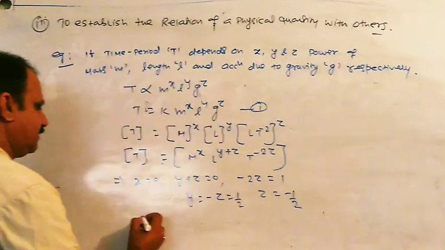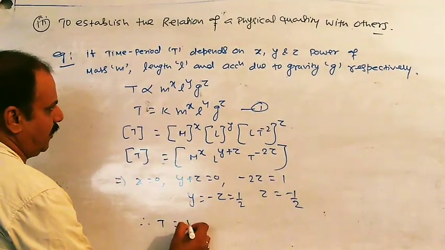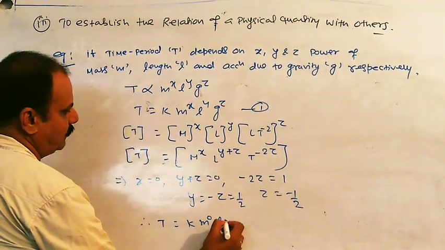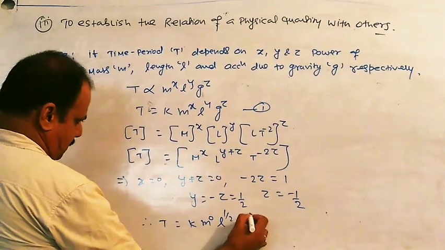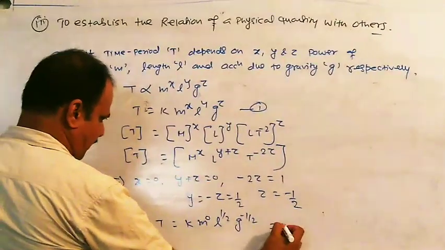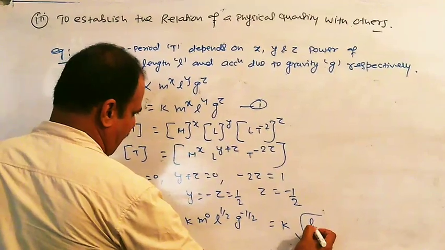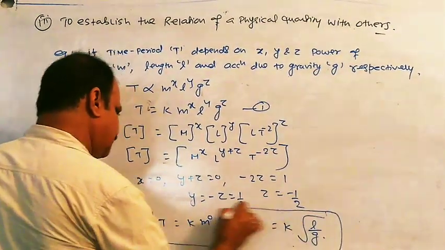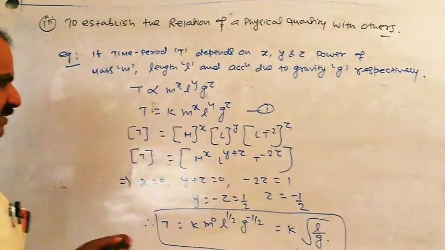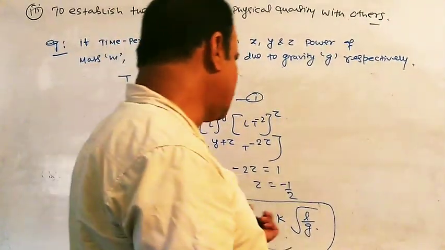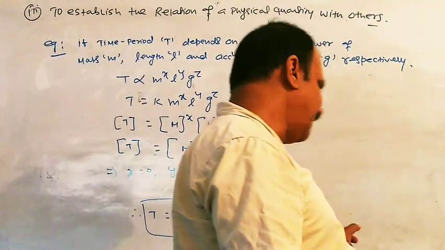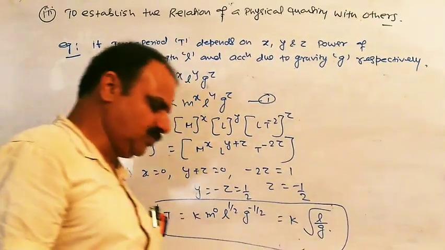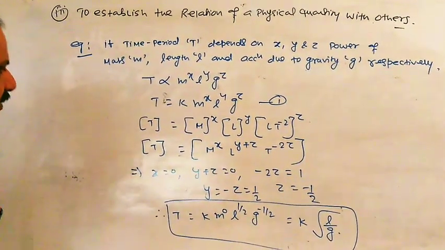Putting in 1 we get t equal to k m^0 l^half g^minus half, and it can be written as k under root l by g. So the time period is independent from mass. It depends on the square root of L directly and inversely on the square root of acceleration due to gravity.